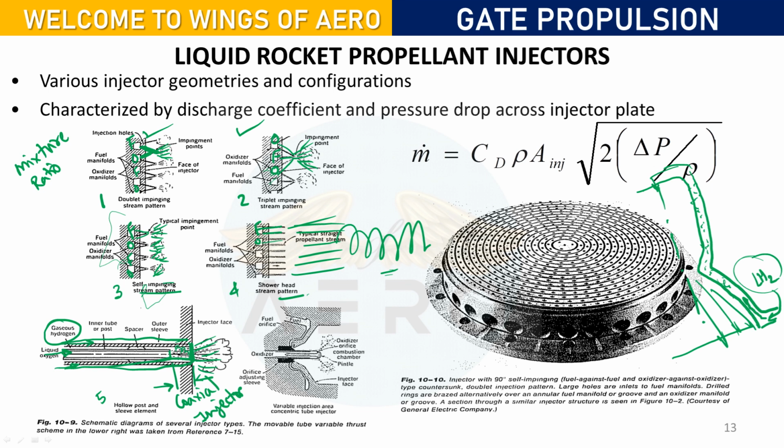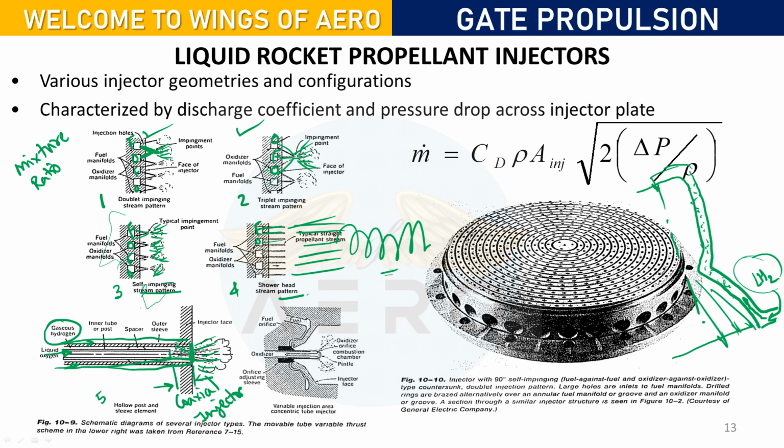Now, in the self impinging stream pattern, oxygen is fired by itself, then fuel is fired by itself, alternately. But both of these are the conventional ones, and none of this gives a very good result.